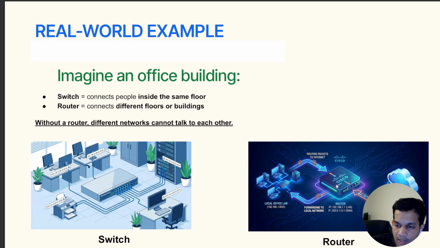Whereas the router you can see here has a switch connected to it, that's the local office, and it routes the traffic between the internet and the office. There can be many routers in between, but that's a general overview of the idea. Without a router, different networks cannot talk to each other. That's the main point.